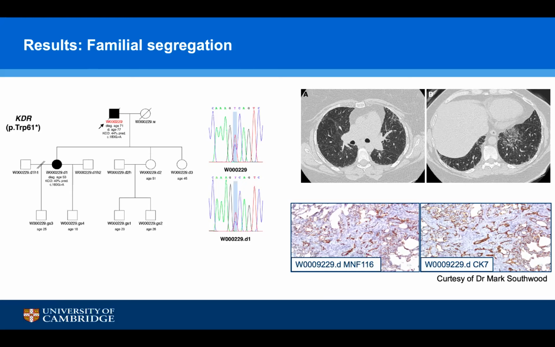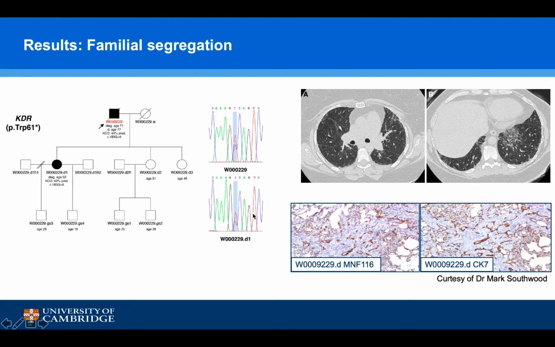So there was no family history when the patient was included into the study, but his daughter developed the disease further down the line. She was diagnosed with a severe form of pulmonary hypertension, and showed severely reduced KCO at 40% predicted. Her CT scan again showed some parenchymal changes, and a wedge biopsy that was performed several years prior to the diagnosis also showed fibrosis.